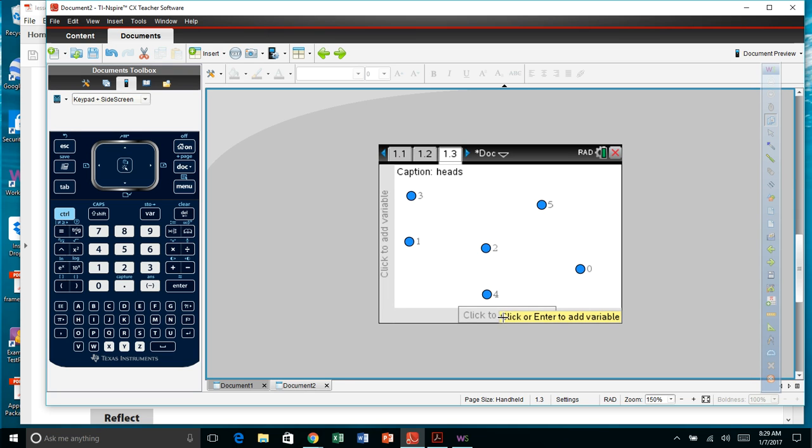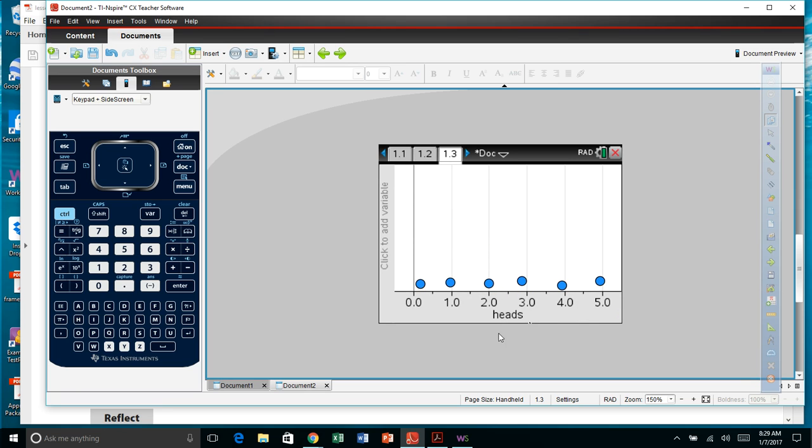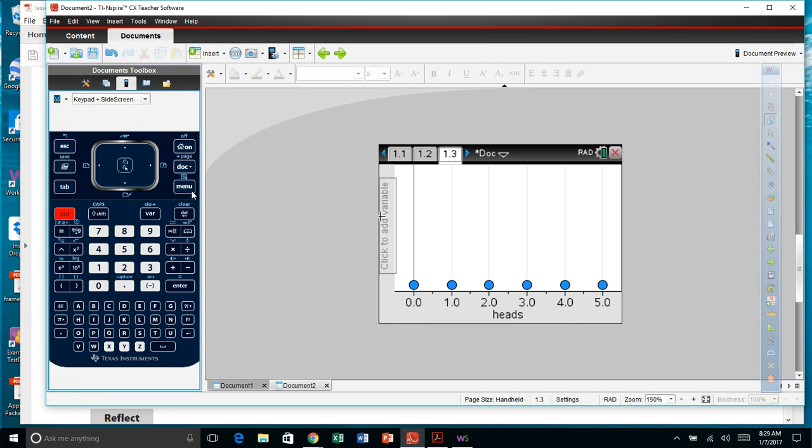Click on that, and then here we'll put heads on the bottom, number of heads. Now, over here, highlight that a little bit, and then press Control Menu, and see where it says Add Y Summary List.